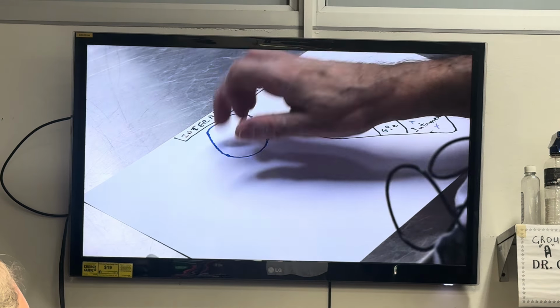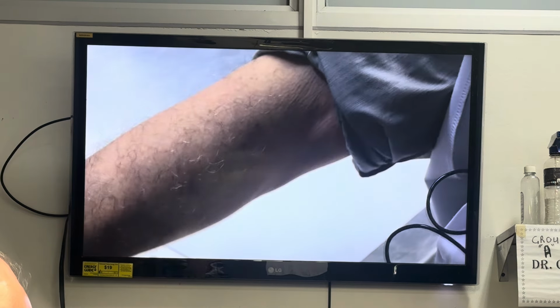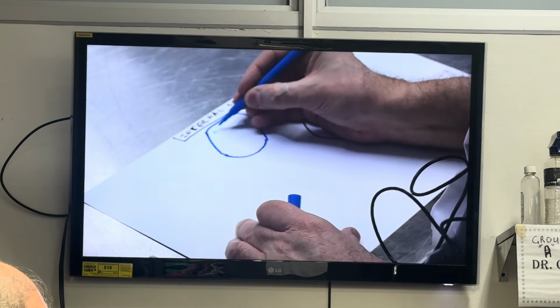So if it's your internal capsule, what would be this structure here? It would be the caudate.